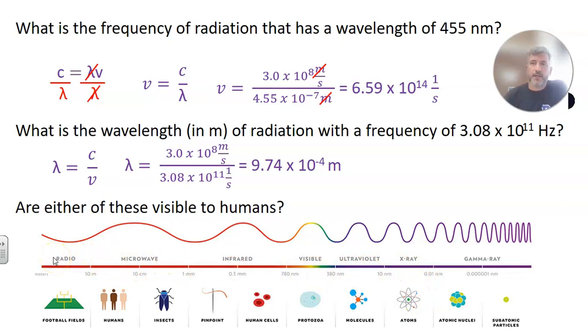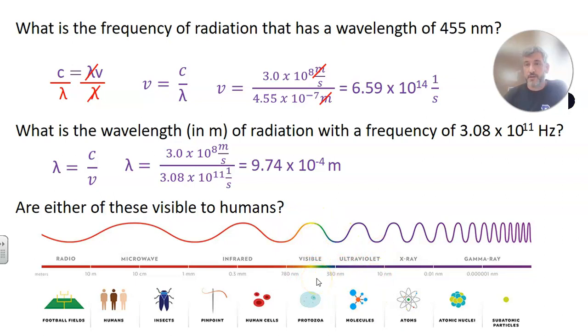entire electromagnetic spectrum. And so we have radio waves, which are really long and low frequency, then microwaves, infrared, and then this tiny little sliver from 780 nanometers to 380 nanometers is what we are able to perceive as human beings. So only that little bit.